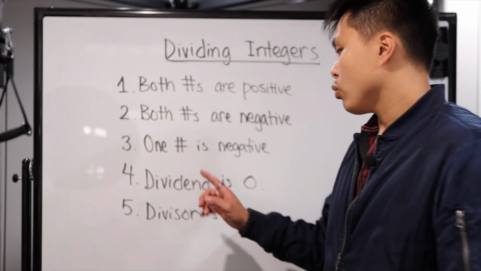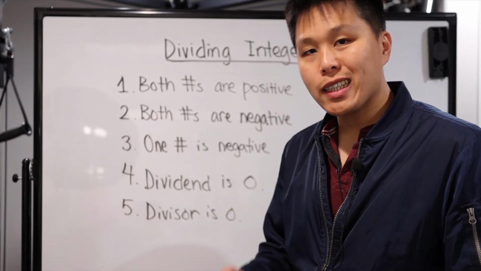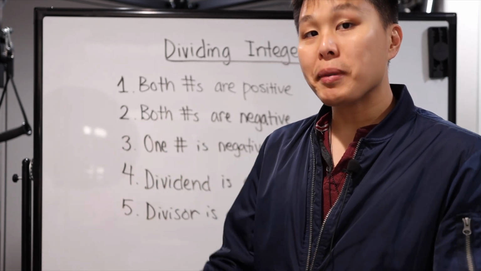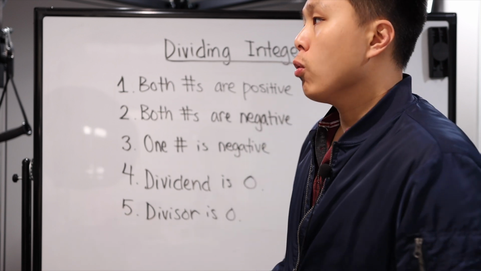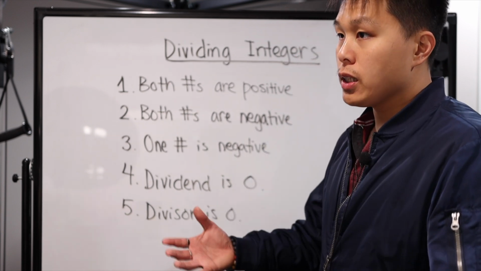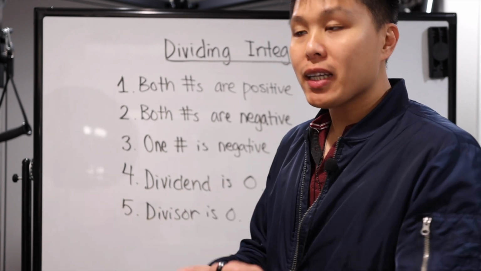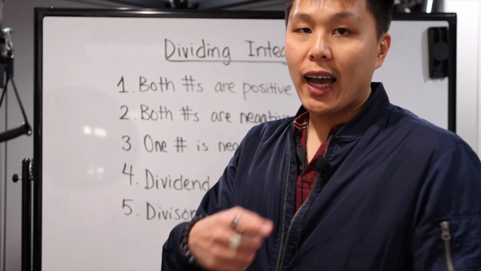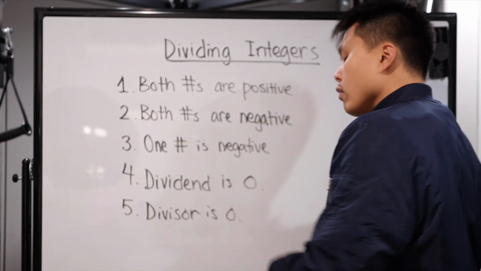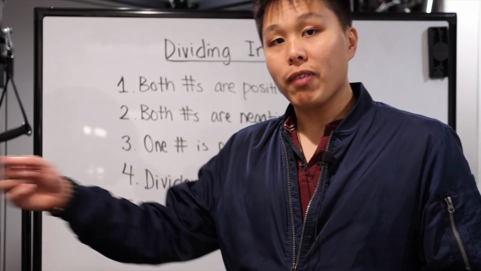The 4th case is when the dividend is 0. The dividend is the number that's being divided. So for example, 0 divided by 5, 0 divided by 6, right? That number being divided is your dividend. And of course, the divisor is the number that's dividing it.